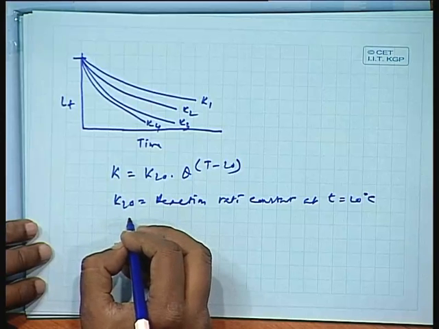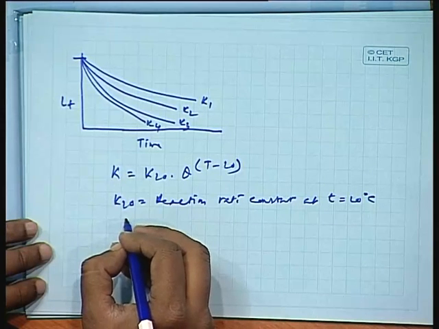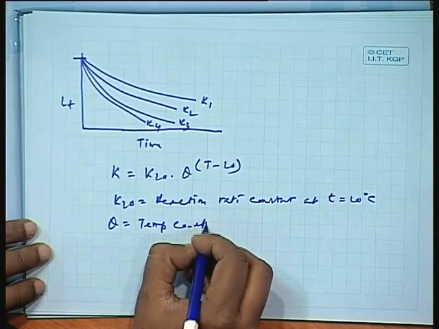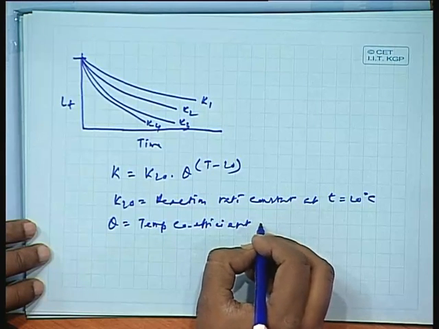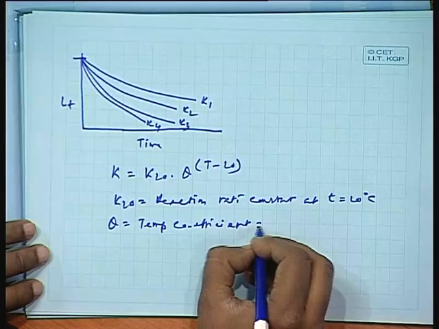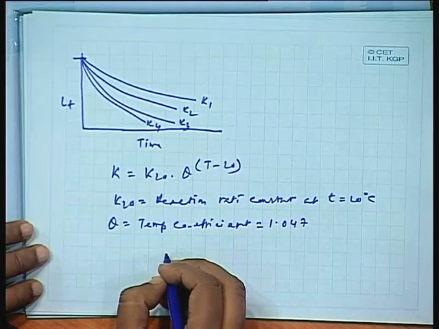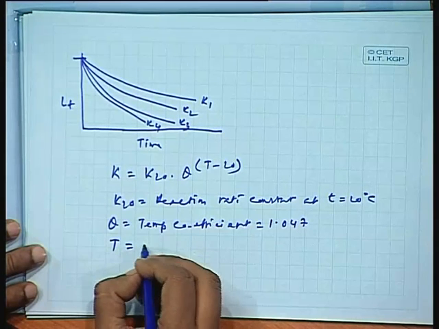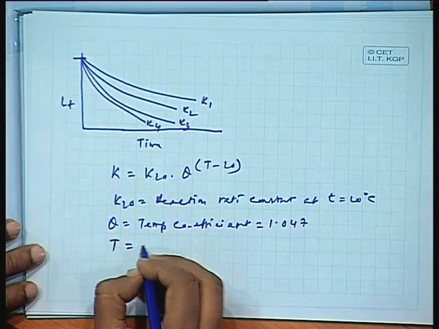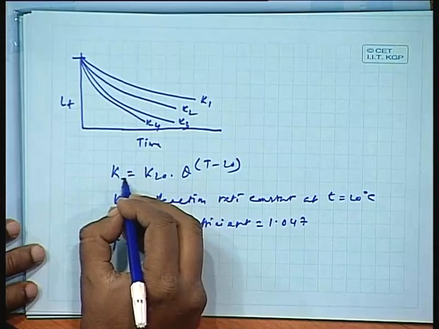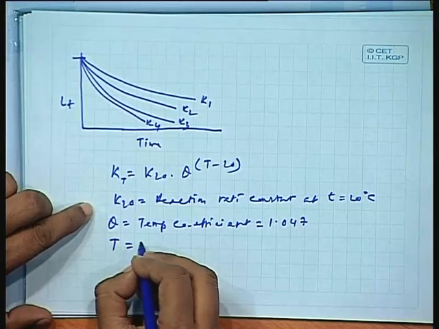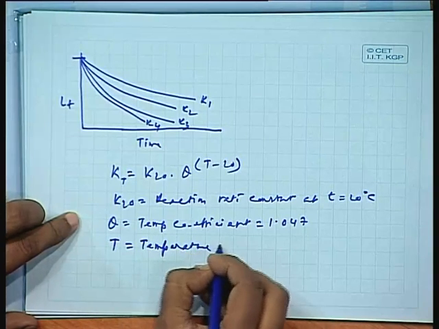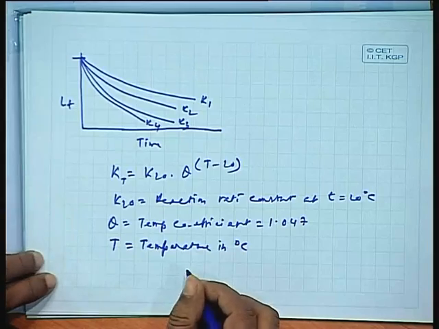Theta is a temperature coefficient, which is known to be equal to 1.047, and T here is the temperature in degree centigrade at which this k is being measured. So you can write KT like this.